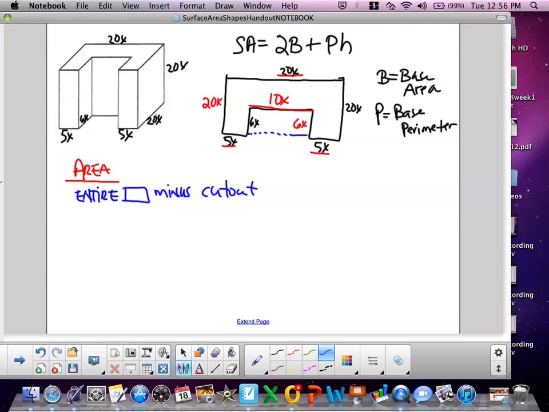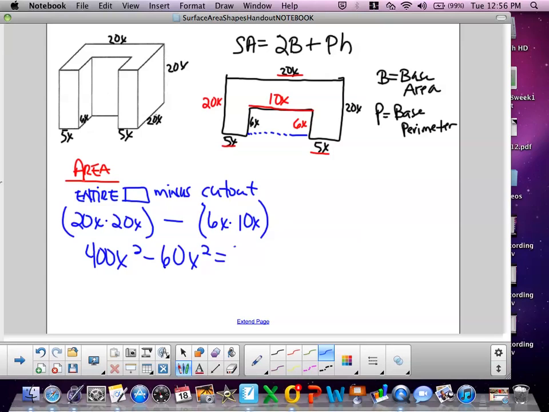The dimensions of the entire rectangle are 20x by 20x. And I could subtract the 6x by 10x cutout. So this gives me 400x squared minus 60x squared for an area of 340x squared. That's just one option for figuring out the area of the base.